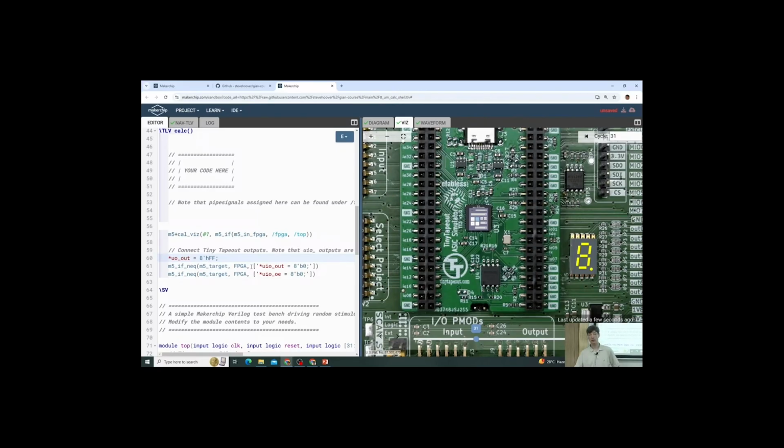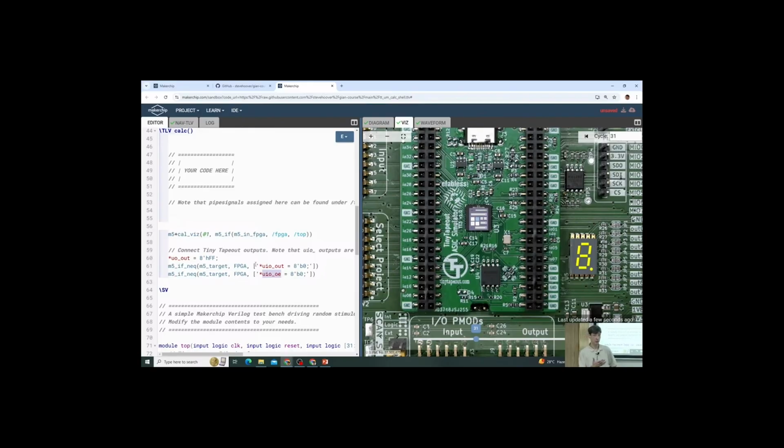In the version of TinyTapeout that you're going to use ultimately, we have 8 additional pins that are bidirectional, either input or output. So we have output signals here for those, as well as the enables for those that tell us whether it's an input or an output pin.